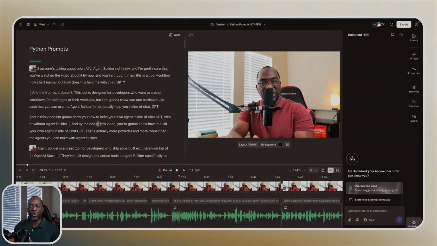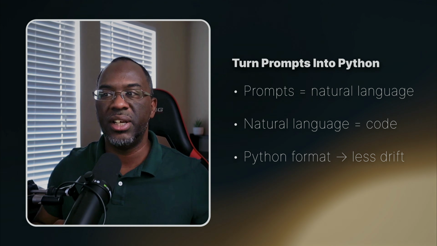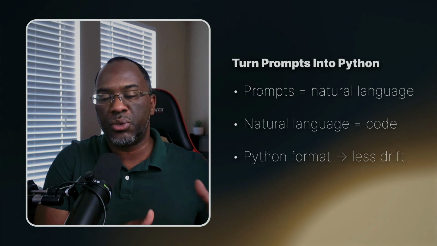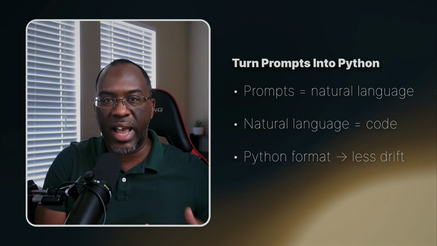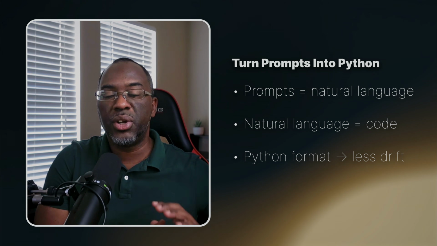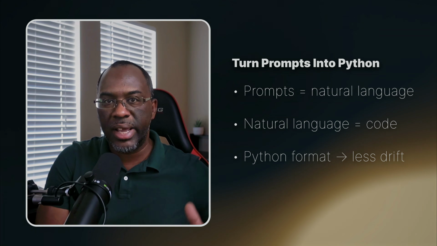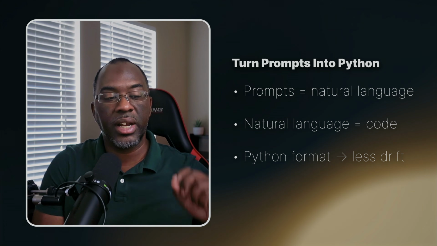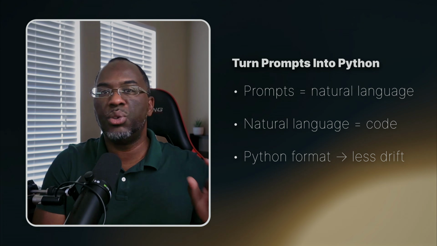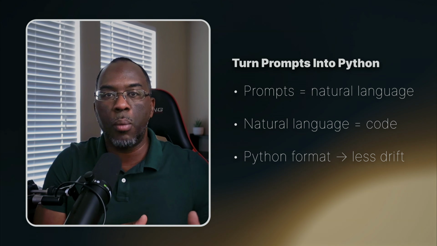The first thing I want to show you is a video I recorded several months ago, but I never released, titled Python Prompts. And that was just a working title because I was still working on it. But I had this idea that prompts are just natural language, English, Italian, Spanish, whatever your language is. They're natural language commands, requests, etc. And I started thinking that, well, natural language is just another format of code.